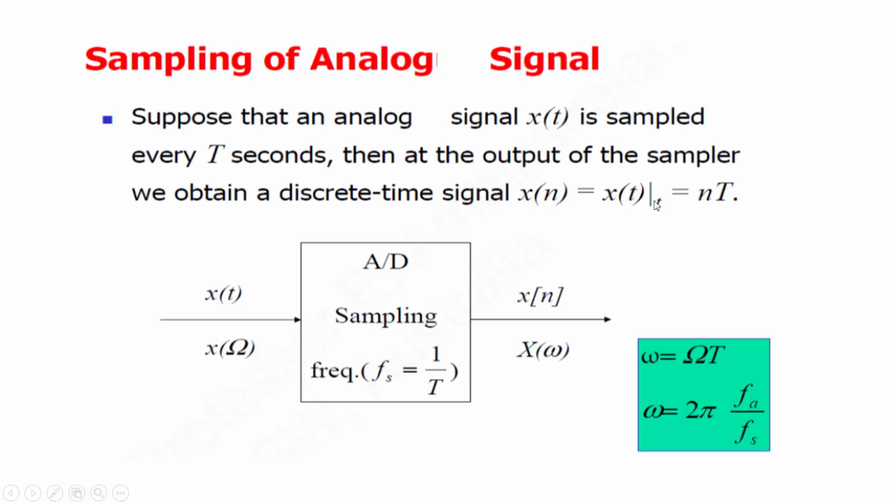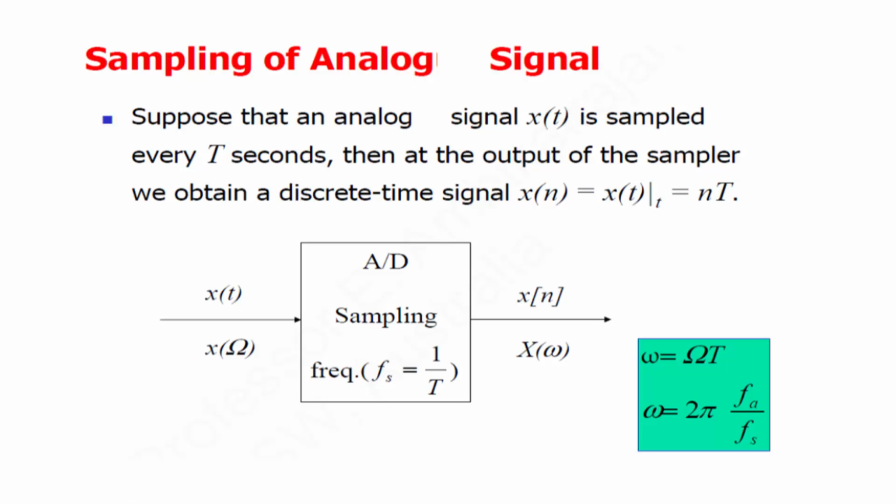For every t value, this variable t, you replace it with small n and capital T. Small n is the sample value and capital T is the sampling period. We will take examples also. Now, we will also see that this digital frequency is actually given by the analog frequency times capital T.